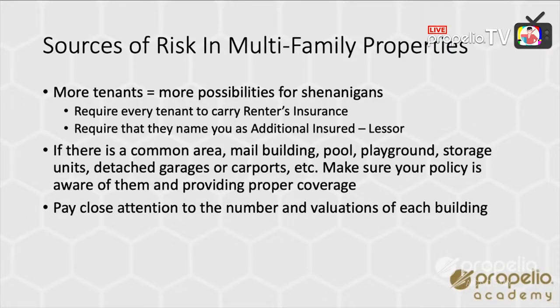You're also going to want to pay close attention to the number and the valuation of each building on the property. In most insurance companies, they will assign a specific value to each physical structure on the property. So if you've got, let's say, 40 units and each building has 10 units and there's 4 buildings, you're going to want to make sure that all 4 buildings and the values for each of them are properly accounted for on the policy.